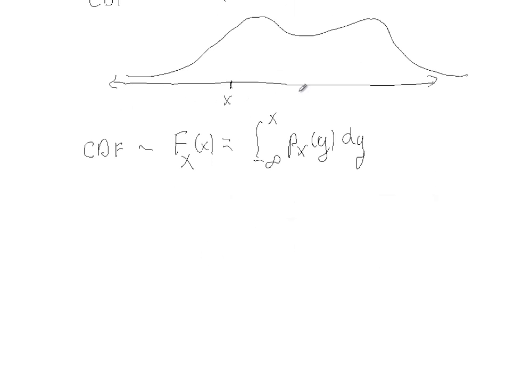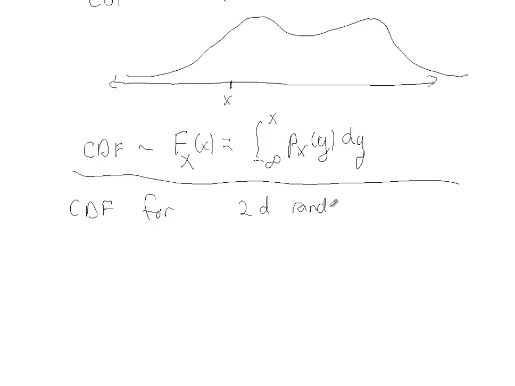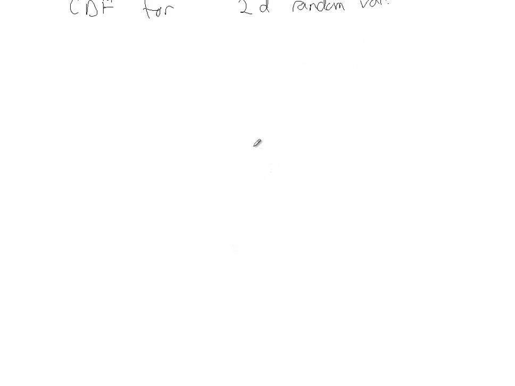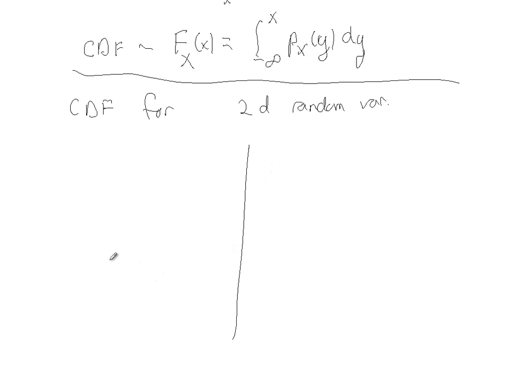All right, now let's consider what the CDF would be for a two-dimensional random variable. Now we have the plane. If we have a point here, how can we say integrating up to this point? This point is represented as x1, x2.